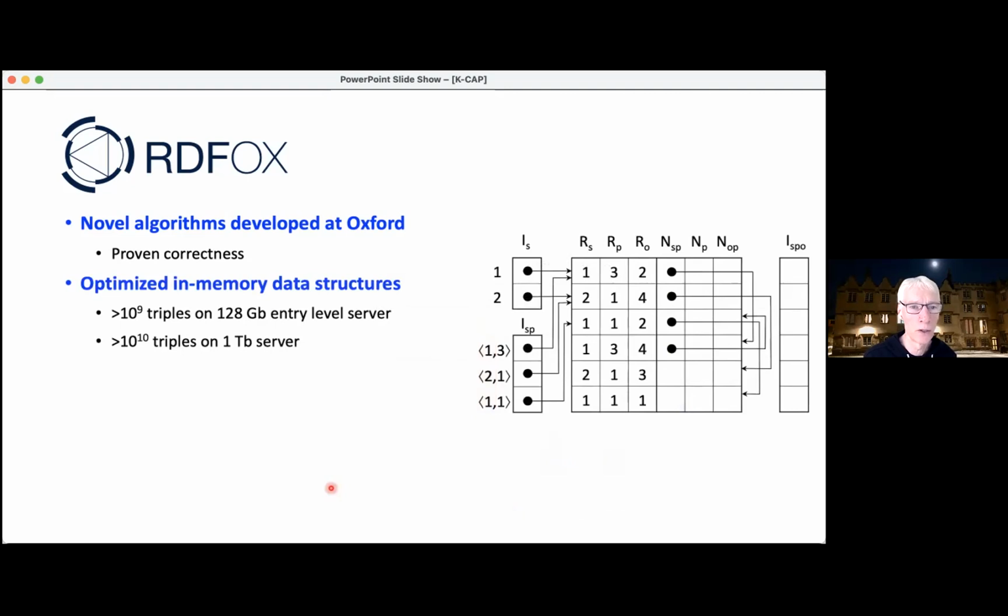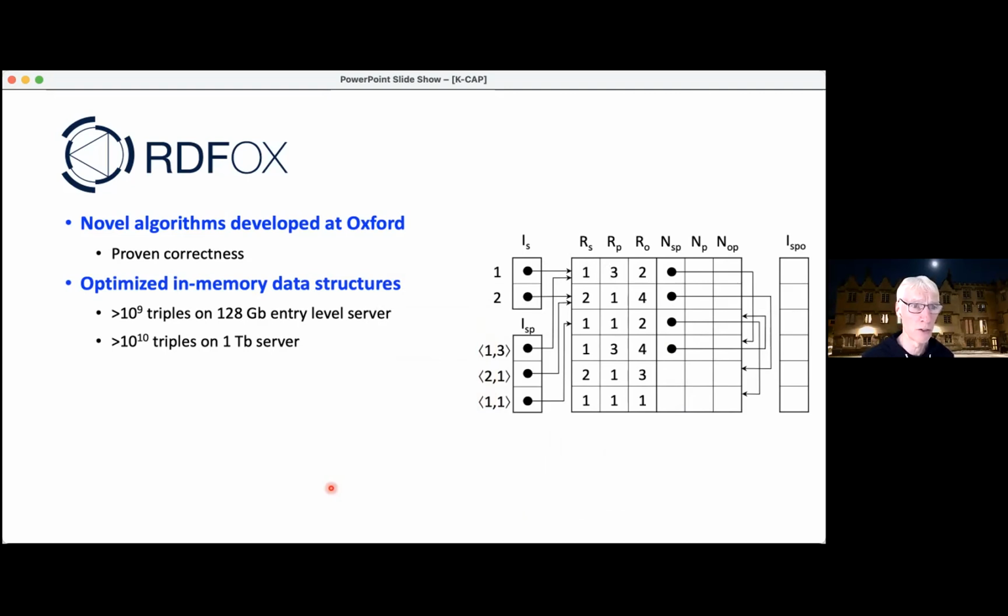Another thing we wanted to do, as I mentioned, was to try to make the system exploit modern architecture so that the materialization process and indeed query answering could be as fast as possible. So we actually chose to make RDFox run in memory so that we could exploit some extremely sophisticated in-memory data structures that avoid locking by using compare and swap instructions and this kind of thing.